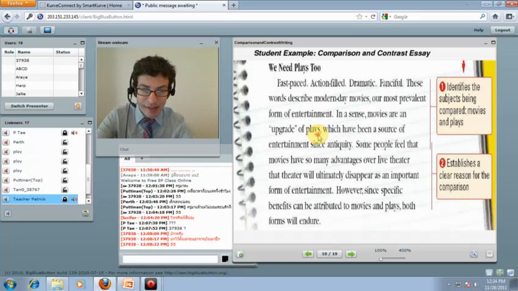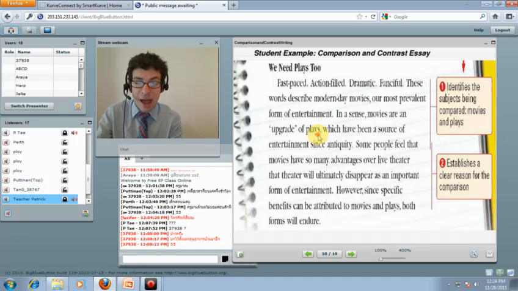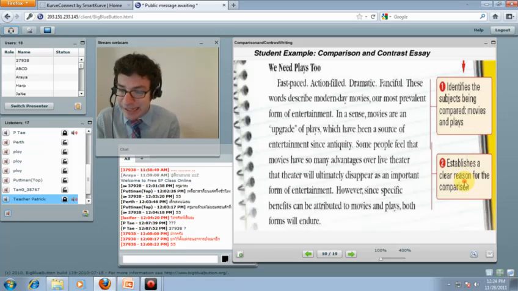In that half a sentence, we have said movies and plays, what we're going to be talking about. And we have already made a point that movies are an upgrade of plays. So we know that we're going to be talking about how they are different, how movies might be better than plays.